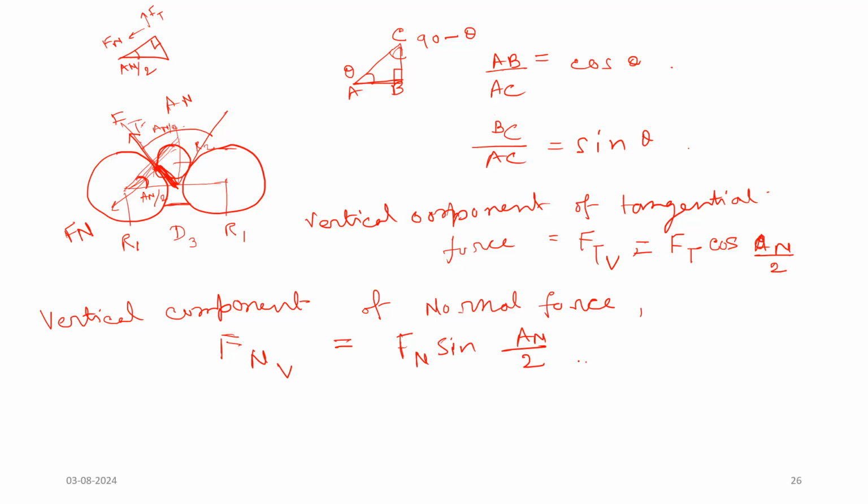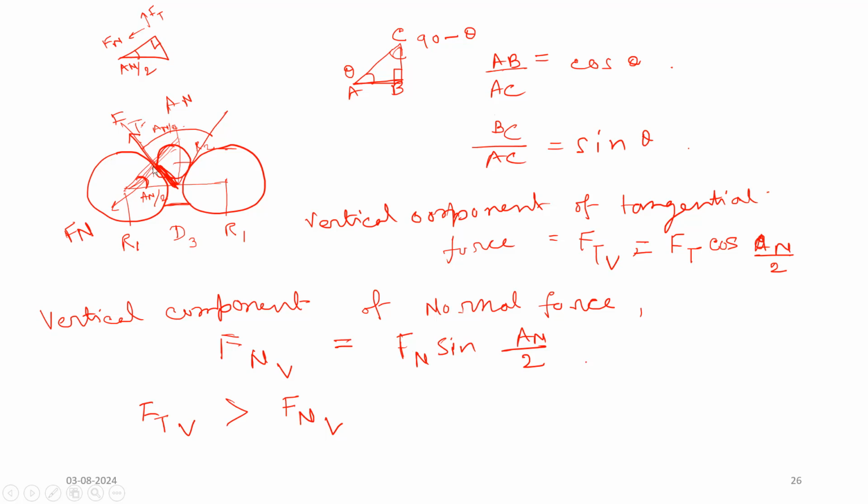Now, when this FTV, that is the vertical component of the tangential force, is greater than the vertical component of the normal force, then only this particle of R2 radius will get crushed. So this is our theory, that we want to crush the material, right? So when will it crush?